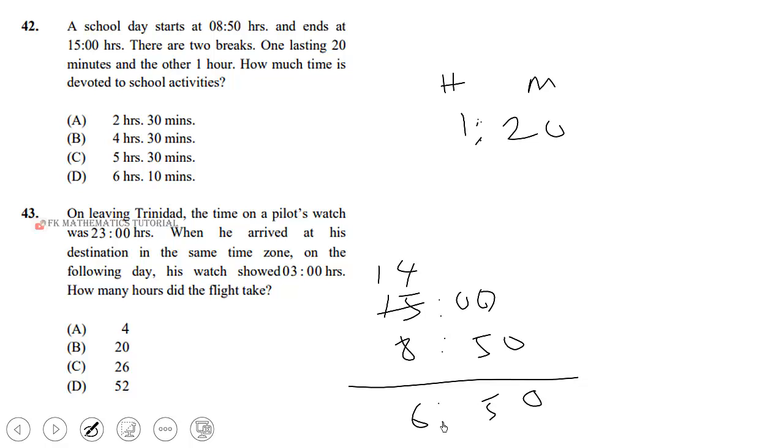So we need to take 1 hour 20 minutes from 6 hours 50 minutes. That will give us 5 hours 30 minutes. So take 1 hour 20 minutes from 6 hours 50 minutes. That will give you 5 hours 30 minutes.